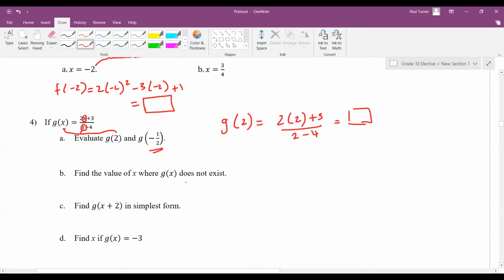So what did we talk about yesterday? Find the value of x where the function does not exist. So if we looked at our question there, remember we talked about the denominator.